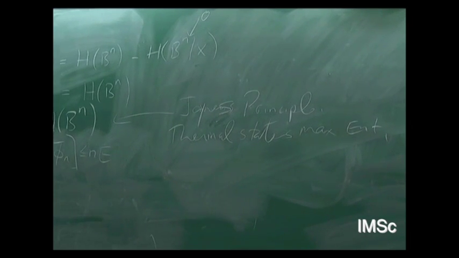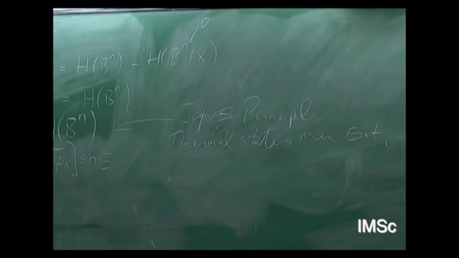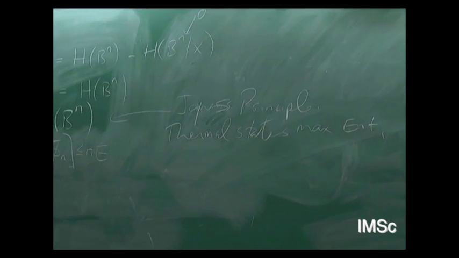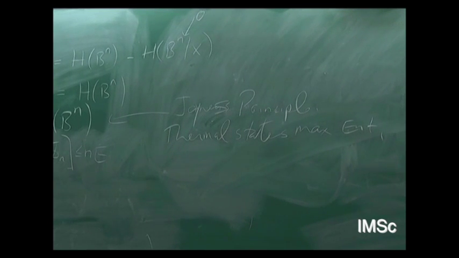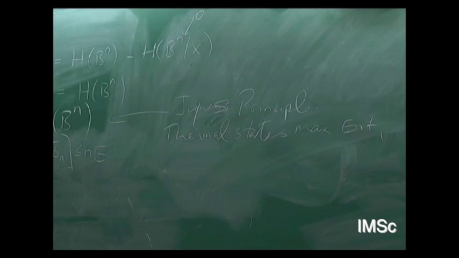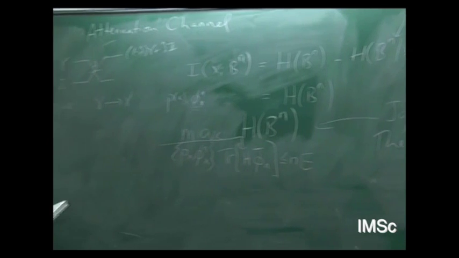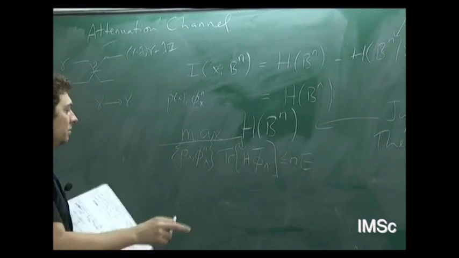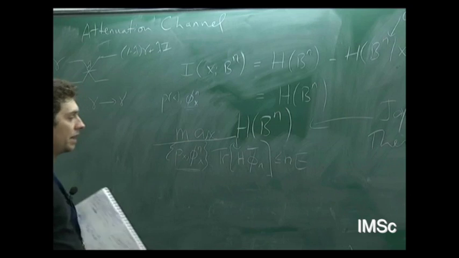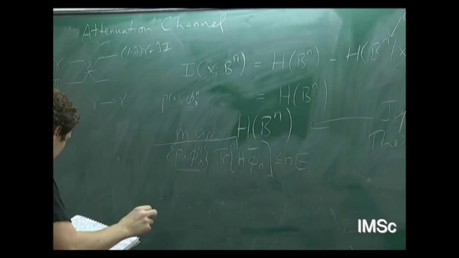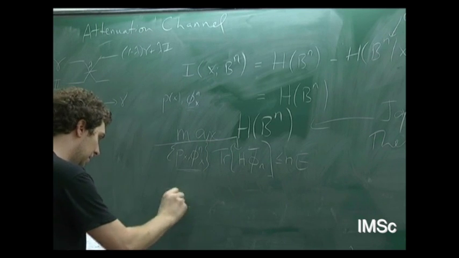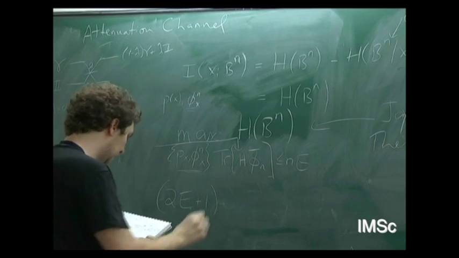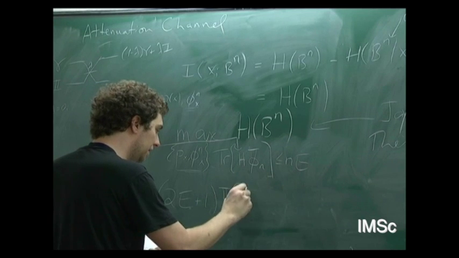And because it's a thermal state, this is the sum of all the individual Hamiltonians of the individual modes. Because these Hamiltonians don't interact with each other, the thermal state is just a product of thermal states on the individual modes. So the average state that maximizes this entropy is just a Gaussian state. It's thermal, and it has covariance matrix 2E plus 1 times the direct sum of all of these identities.